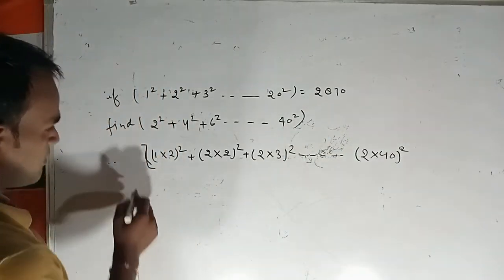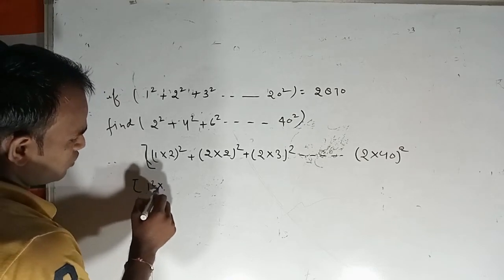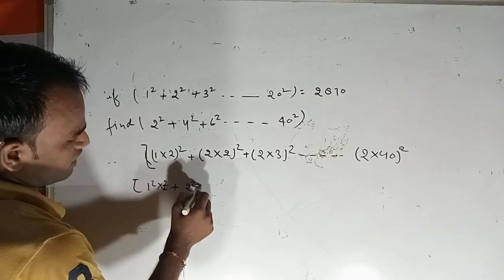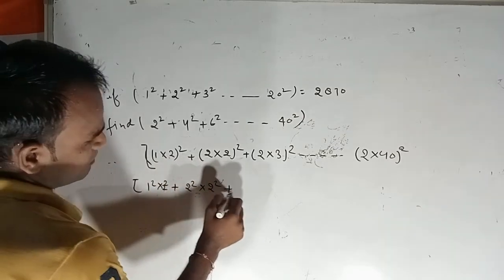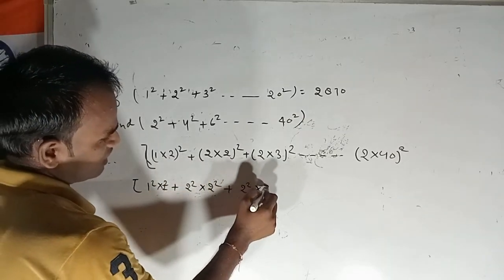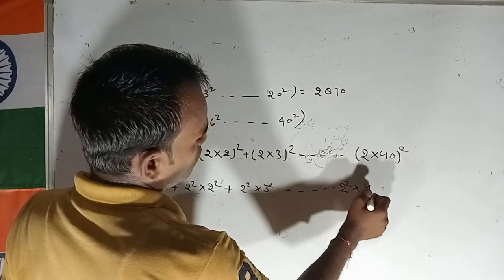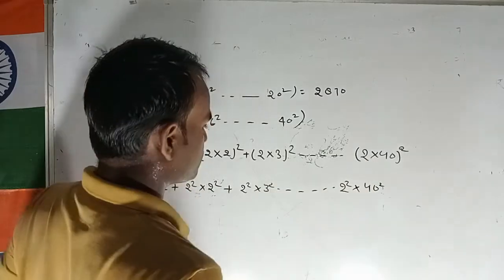That is 2 square into 1 square plus 2 square into 2 square plus 2 square into 3 square up to 2 square into 20 square.